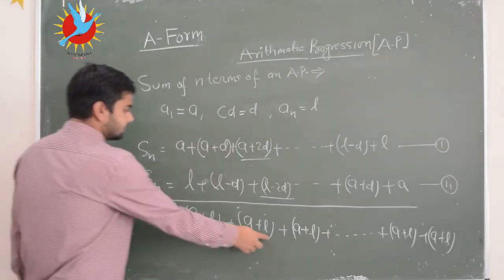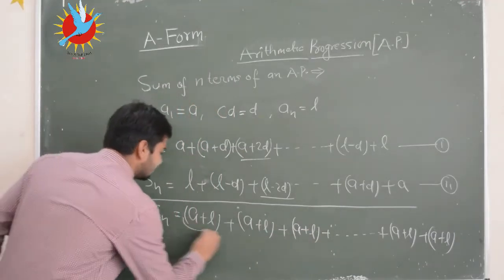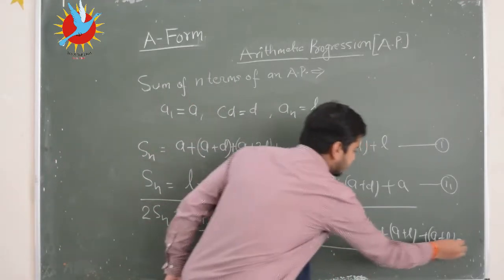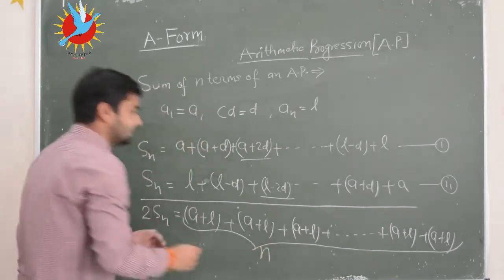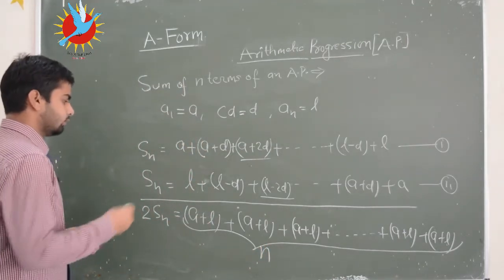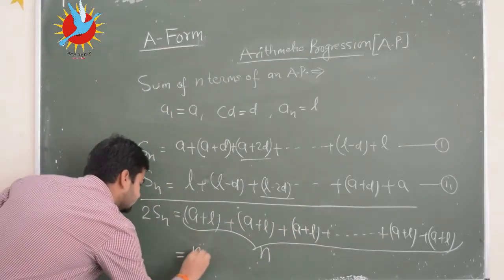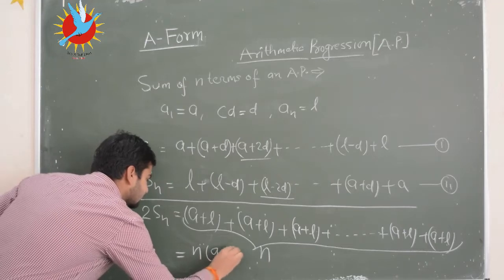If we add any number n times, we are multiplying that number by n. So this sum will become n into (A plus L).